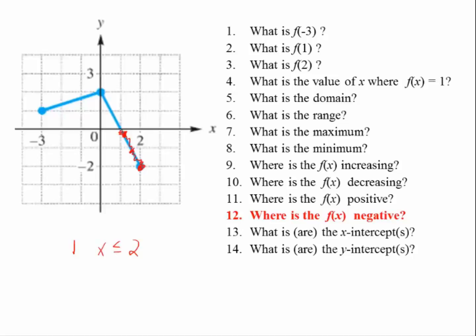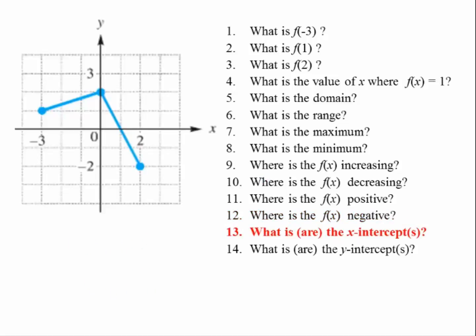But when x is 1, y was 0, so this is not an equal-to. So f of x is negative for anything more than positive 1 all the way up to positive 2. In set notation, we would say parenthesis 1 comma 2 and then a bracket.